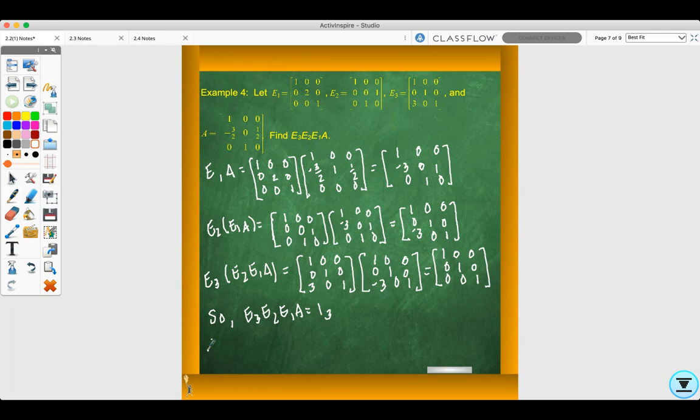So therefore, E3 times E2 times E1 times A times A inverse equals the identity matrix times A inverse. So E3 times E2 times E1 times the identity matrix equals A inverse.